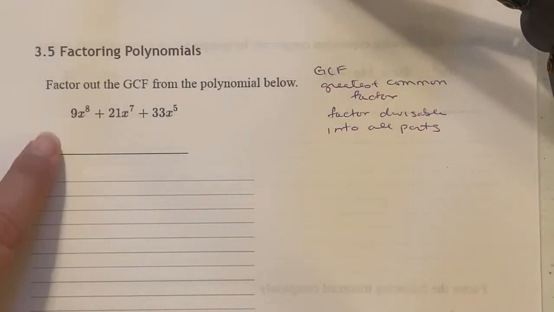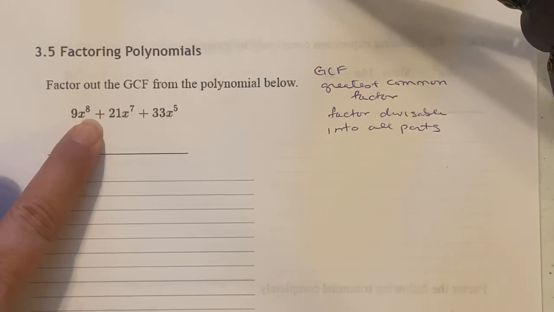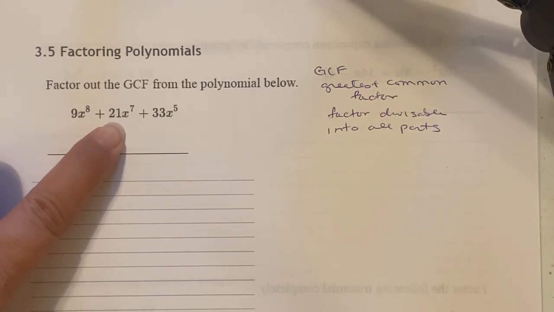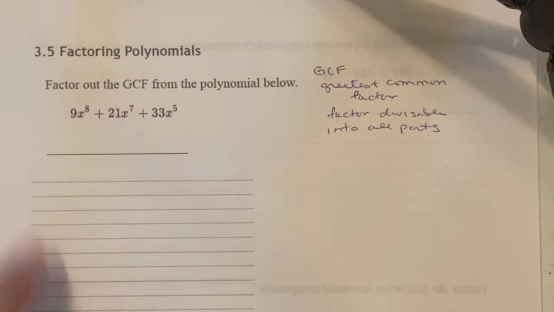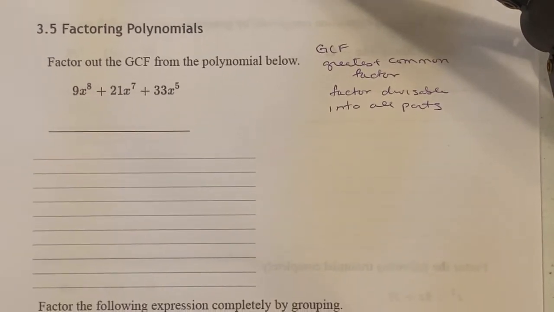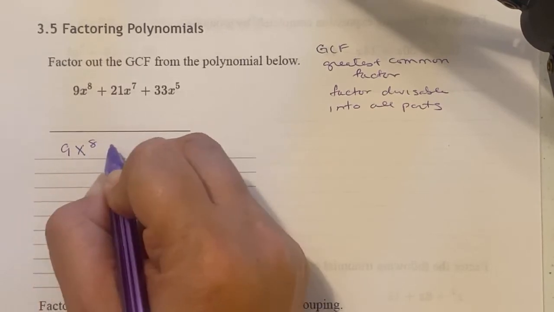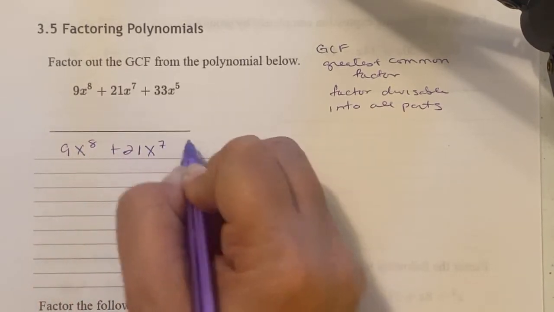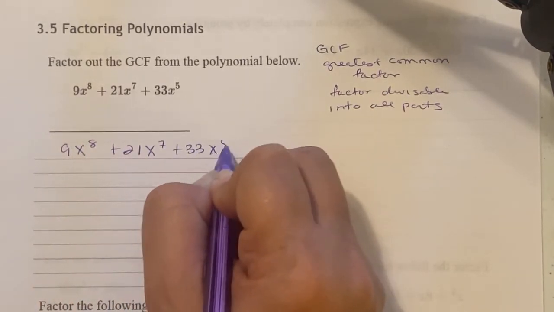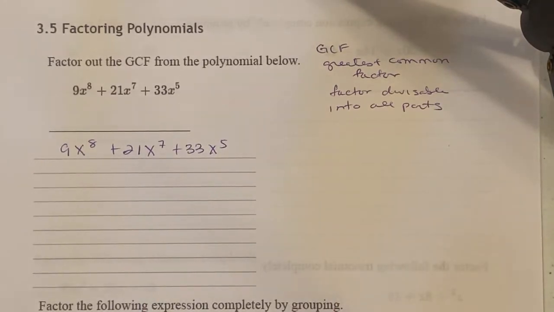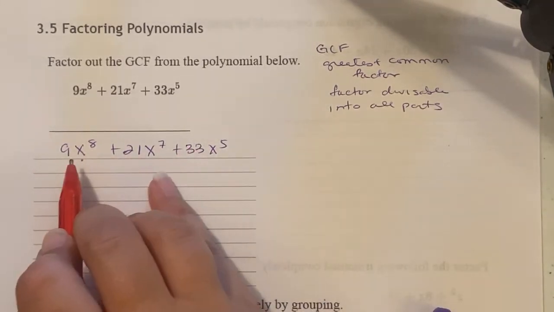So when we look at this problem, it says 9x to the 8th, positive 21x to the 7th, positive 33x to the 5th. So I'm going to write my 9x to the 8th, positive 21x to the 7th, positive 33x to the 5th. Now when we look at the coefficients, I'm looking at just the numbers.